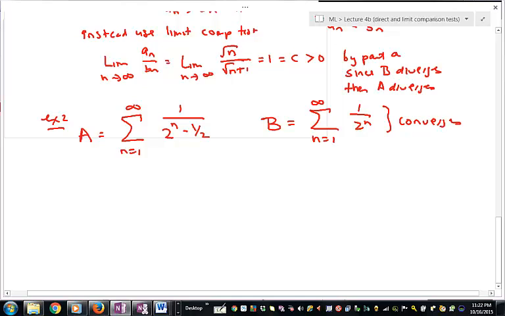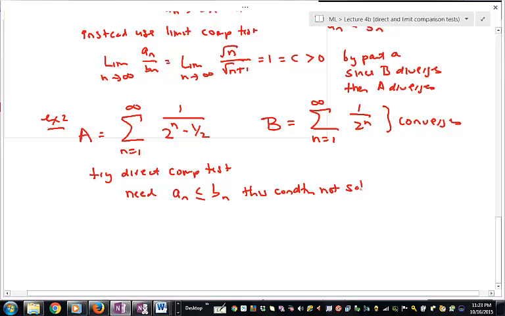But again, when we try to use the direct comparison test, the inequality is the wrong way. So if we try the direct comparison, notice that we need to have an less than or equal to bn, but we don't have that. Okay, this condition is not satisfied. So we cannot use the direct comparison test, but we can use the limit comparison test.